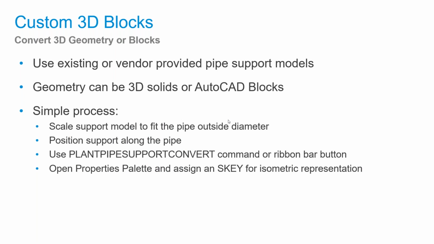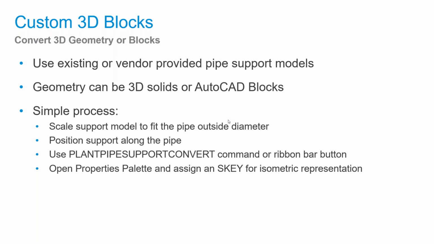Custom 3D blocks. You can use existing or vendor-provided pipe support models, and the geometry can be 3D solids or AutoCAD blocks, and the process is simple. You scale your support to fit the pipe diameter, you position it, and you use the plant pipe support command to convert it on the fly.